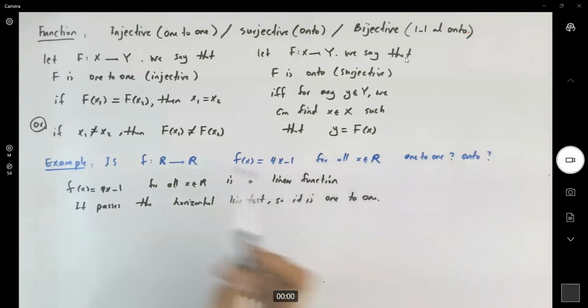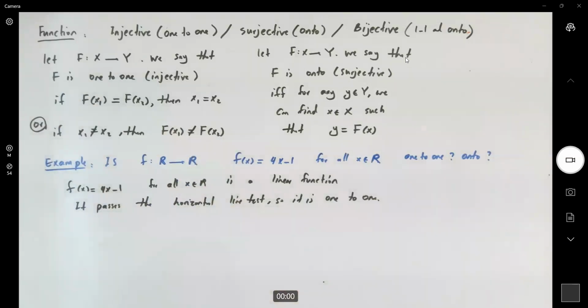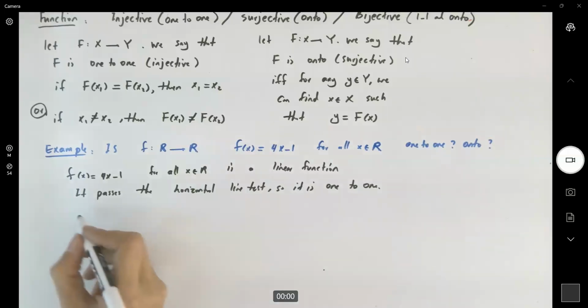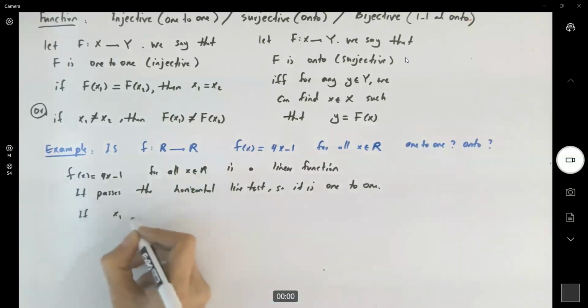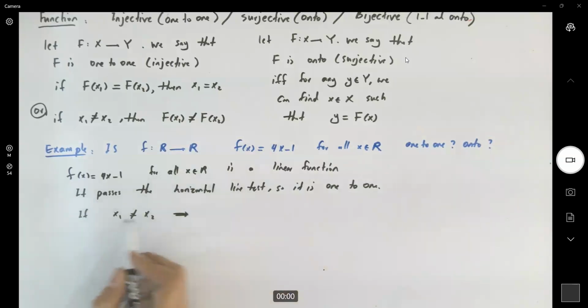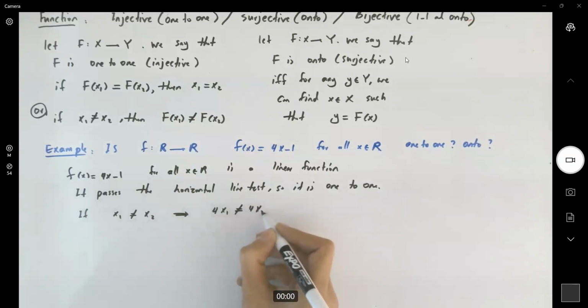Or you can take the definition and write it this way. You can say that if x1 is different from x2, then if I multiply both sides by 4, 4x1 is different from 4x2.